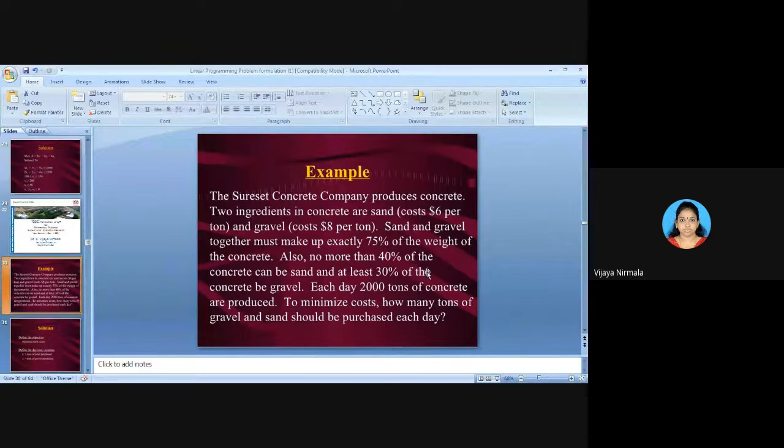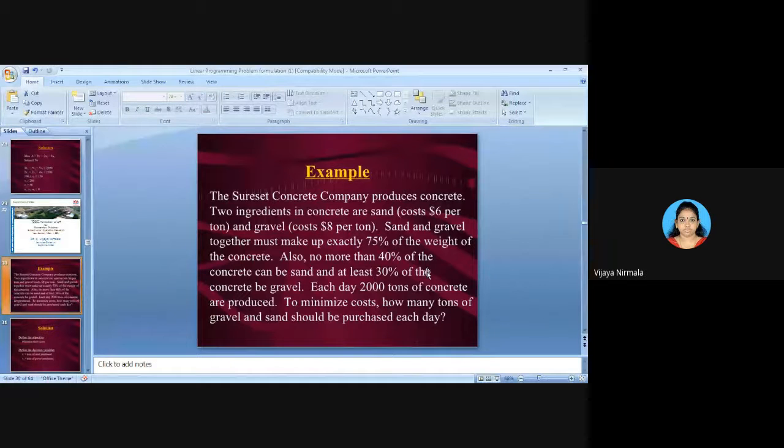First of all, what they said: both sand and gravel together. It means the combination of sand plus gravel must be exactly 75% of the weight of concrete.